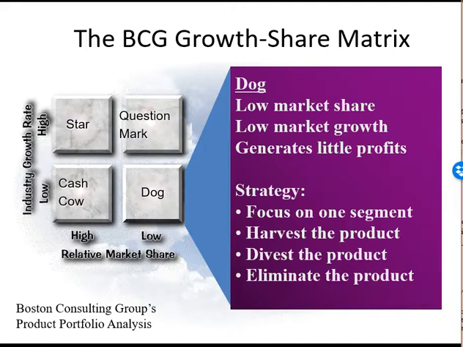And we can focus on that niche. Of course, the other options in this business unit analysis category are to harvest the product, divest the product, or eliminate the product. And these would be similar to products on the decline that we saw in the product lifecycle lecture part.